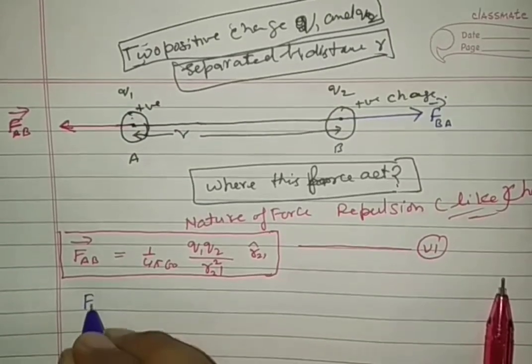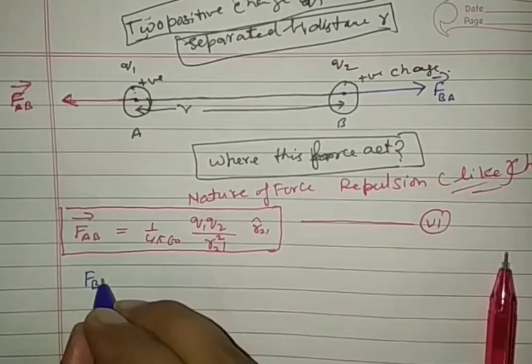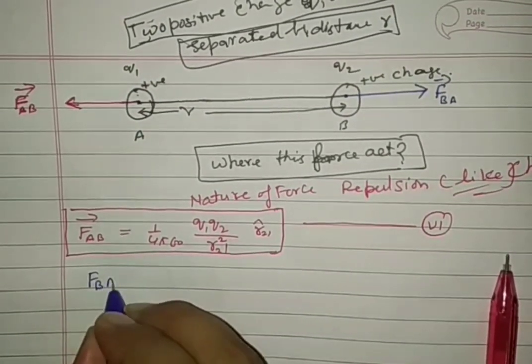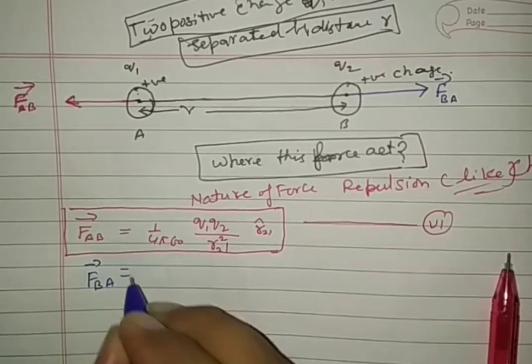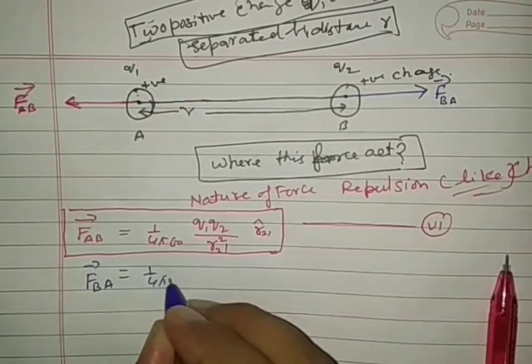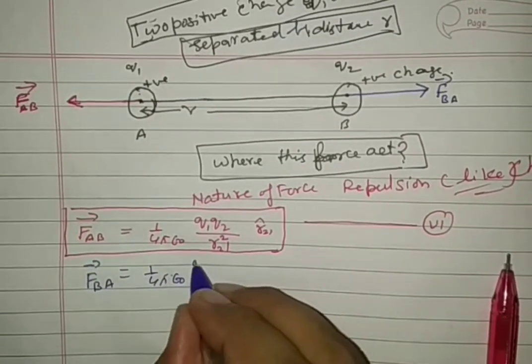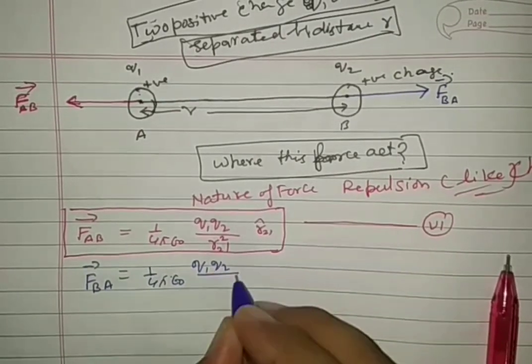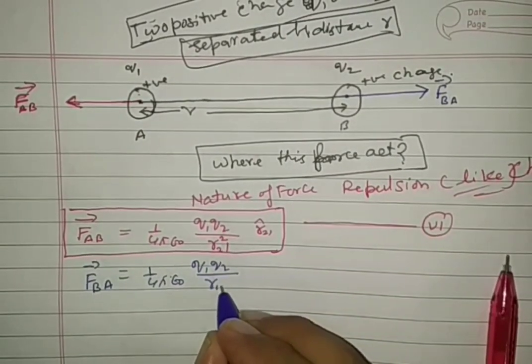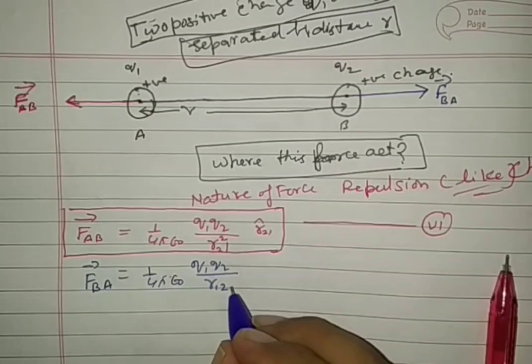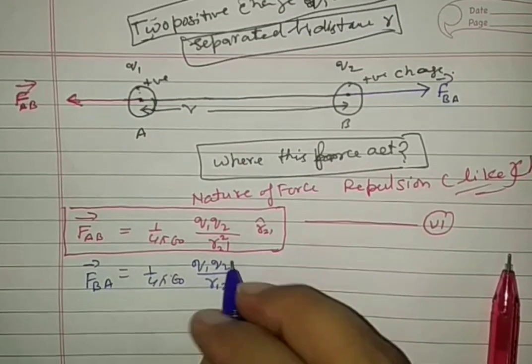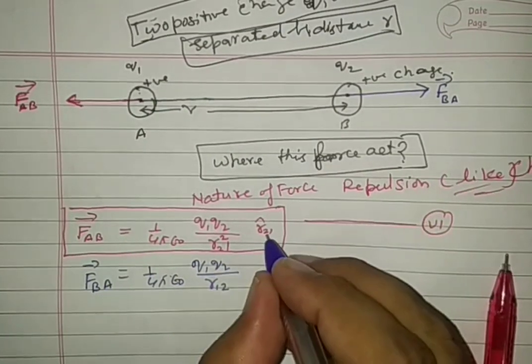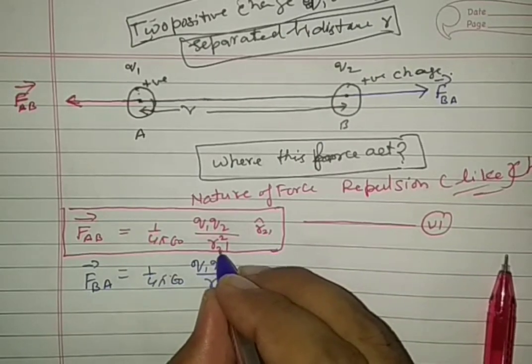Force experienced by B due to the charge A is equal to 1 upon 4 pi epsilon 0 Q1 Q2 by r12 square. Distance between them we can say is r12.